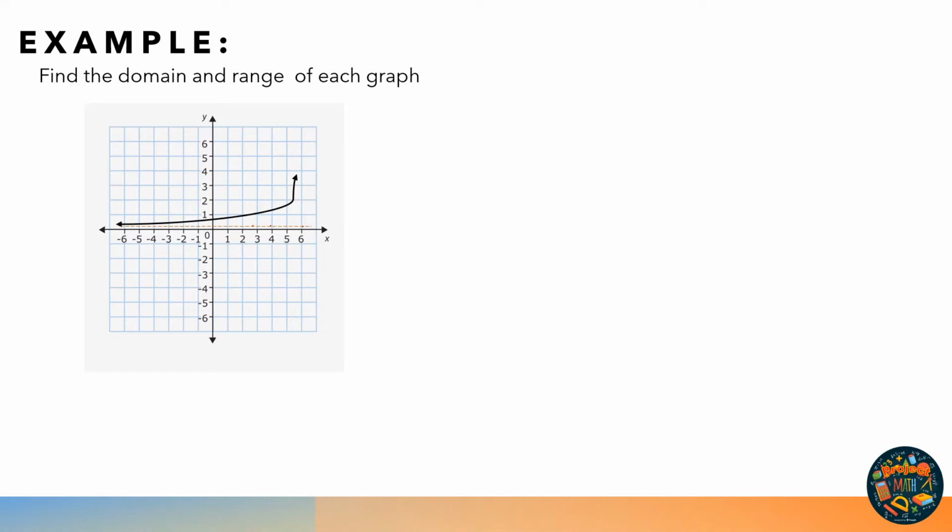Ibig sabihin, itong line na ito is the graph of a function approaches but never intersects the x-axis. So ibig sabihin, ang graph natin, kahit na mag-extend papunta sa left yan, it will never intersect o hindi siya dadaan sa x-axis. So the value of y equals 0 will not be part of the range.